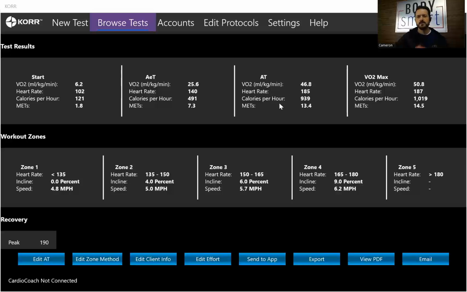That's what that VO2 number is. So your VO2 max is how much oxygen you can use per kilogram of body weight per minute as you exercise. So it can be a helpful number to understand and know.